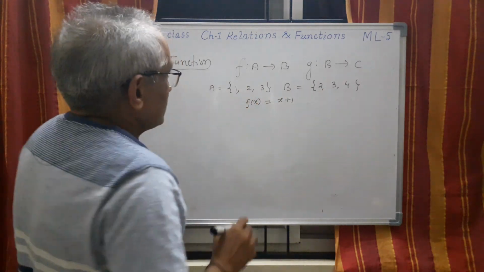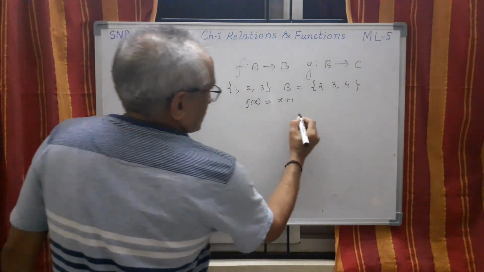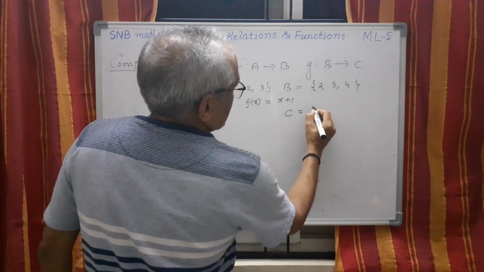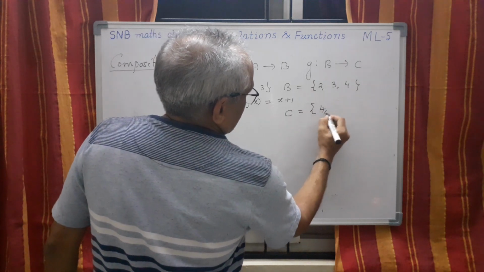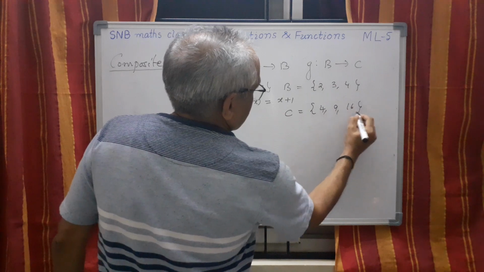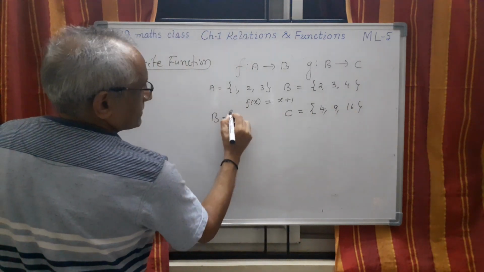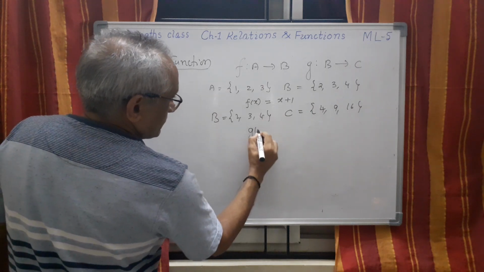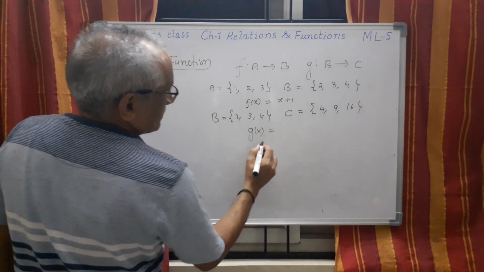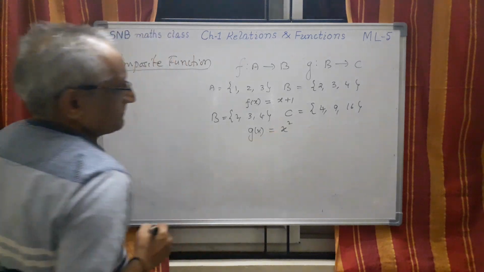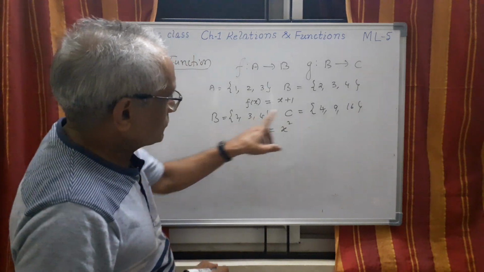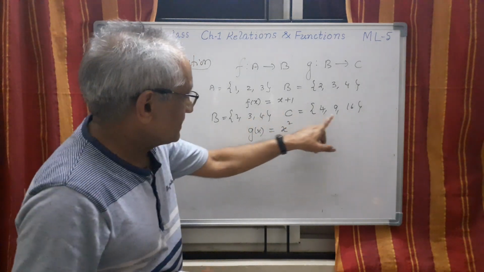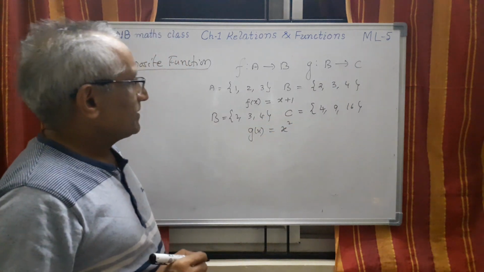Now let us take C equal to, let's say, 4, 9 and 16. And B is already 2, 3, 4. And g of x is x square. Now it is clear, 2 is going to 4, 3 to 9, 4 to 16.